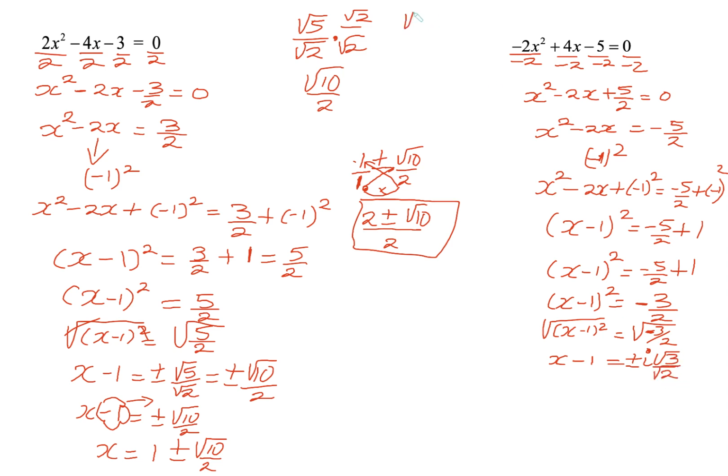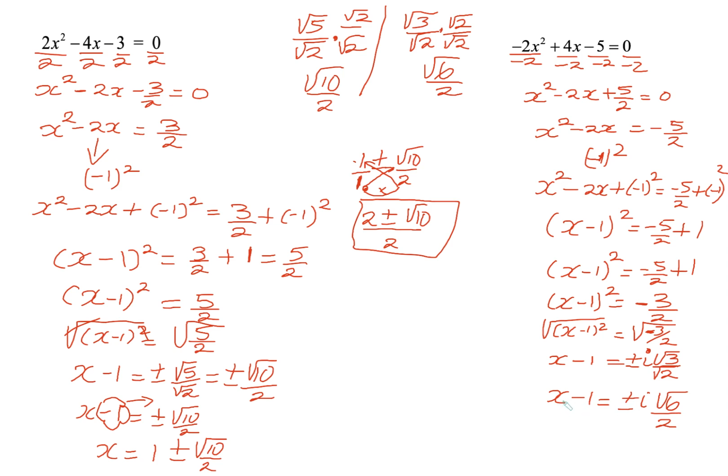But remember, we need to rationalize. When you rationalize, I did a video on rationalizing. You should be able to by now. You're going to get square root 6 over 2. So this will be x minus 1 equals plus or minus i square root 6 over 2.